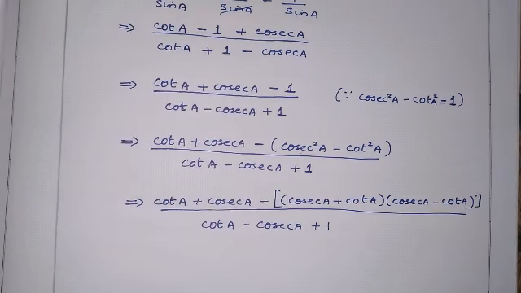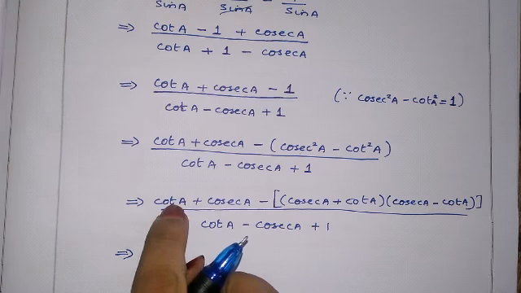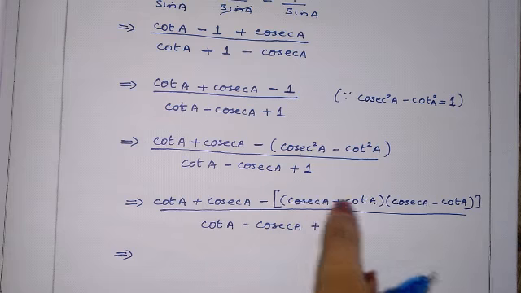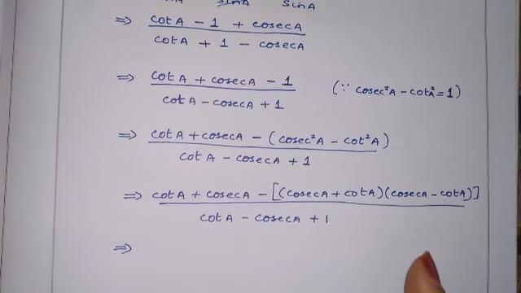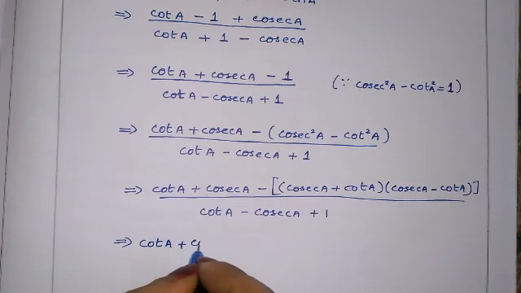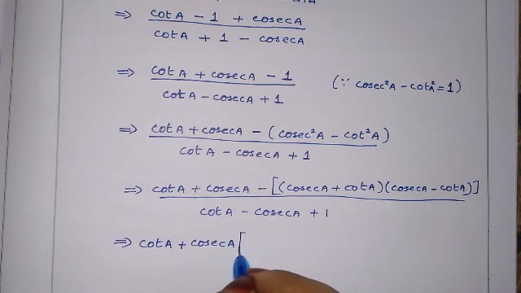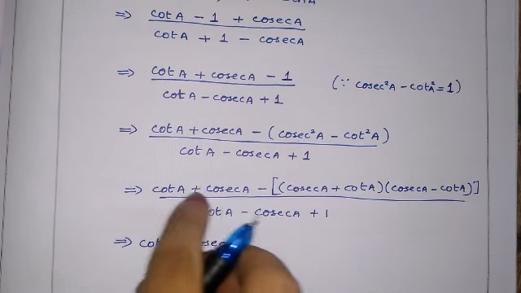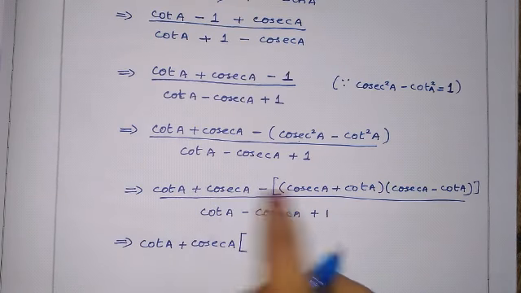Clearly I have explained the formula. Now we can see in the numerator cot A plus cosec A is common in both the terms. So I am taking cot A plus cosec A as common. If I take this common outside, nothing left here means 1.